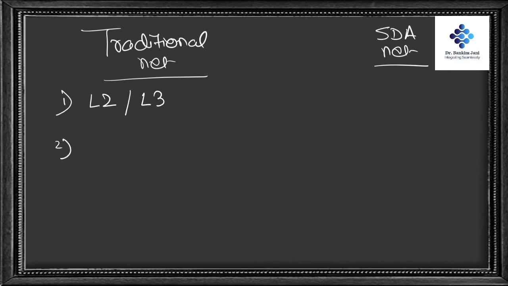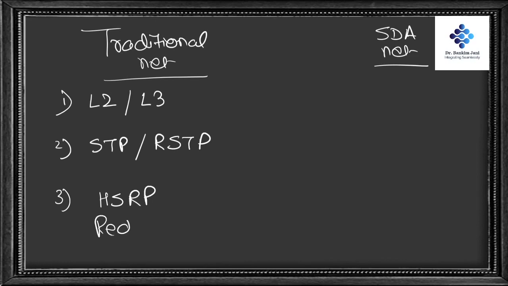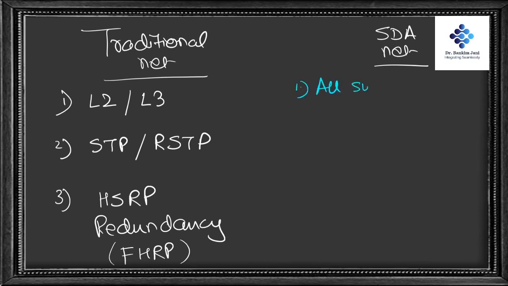We were having issues of spanning tree protocol, then we were doing rapid spanning tree protocol, then for the redundancy we were using HSRP, right? This was for redundancy, or collectively it was called the FHRP, first hop routing protocol, redundancy protocol.